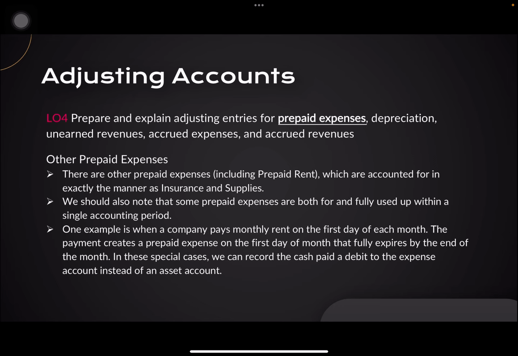That's why we call it passing of time. For supplies, however, this would be an example of direct usage. In direct usage, you actually can determine the quantity that you've already consumed, or the amount that you've already used up.